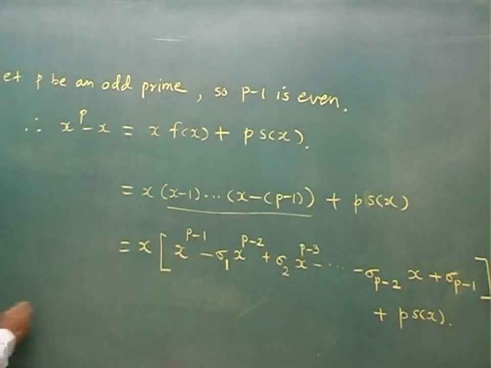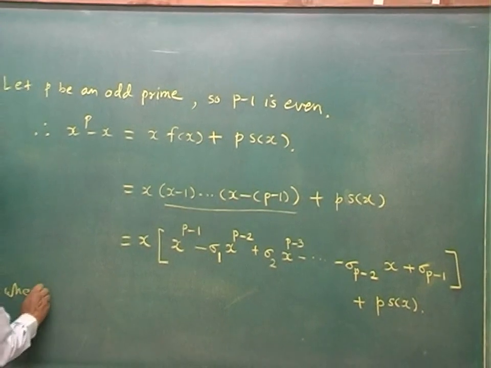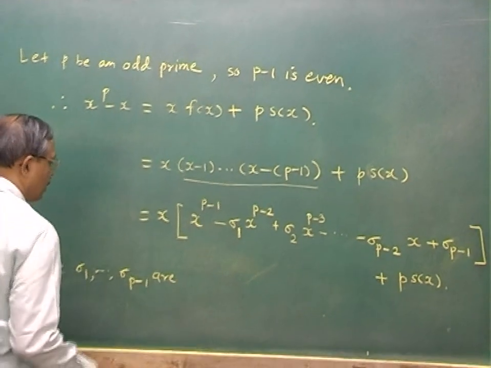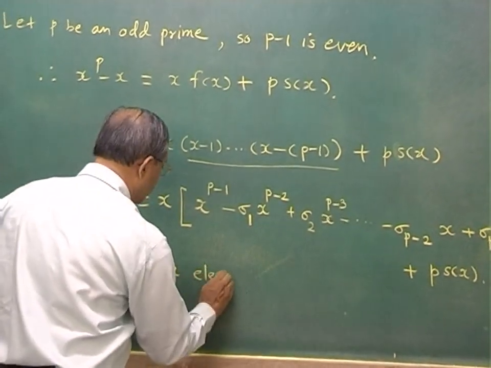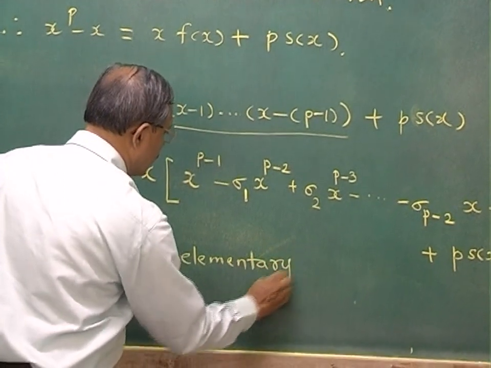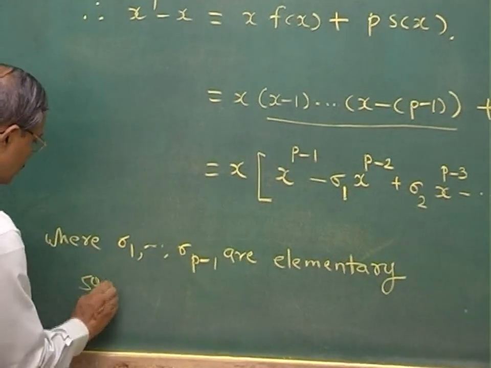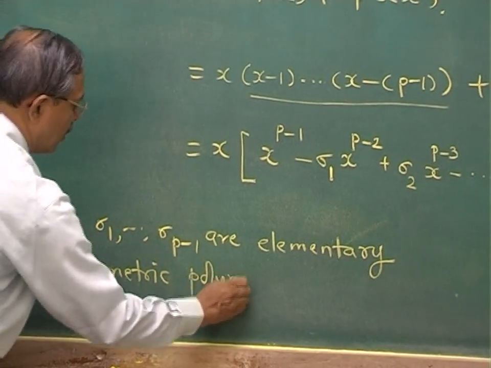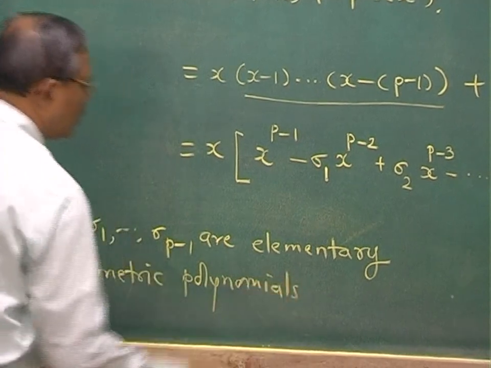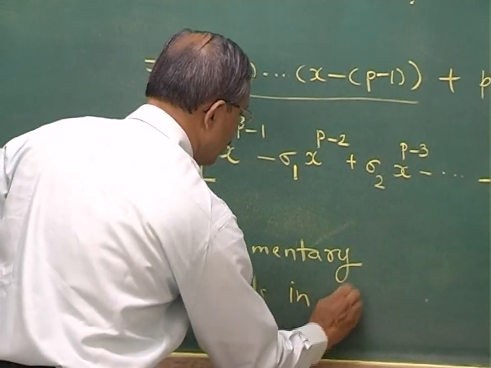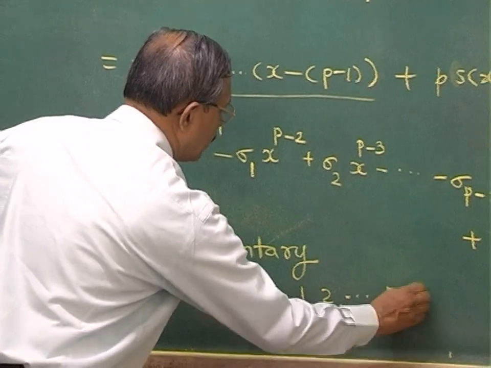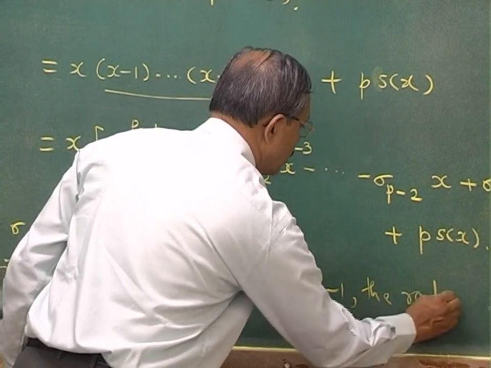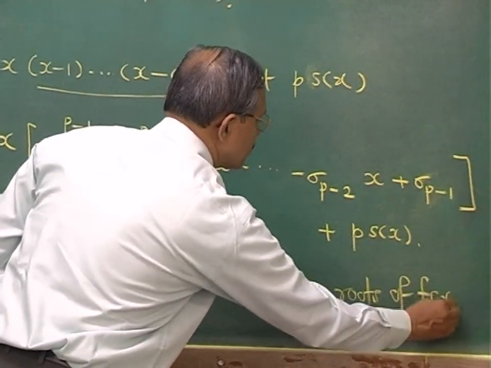So what are the sigma i, where sigma 1 etc. sigma (p minus 1) are the elementary symmetric polynomials in 1, 2, etc. p minus 1, the roots of f(x)?